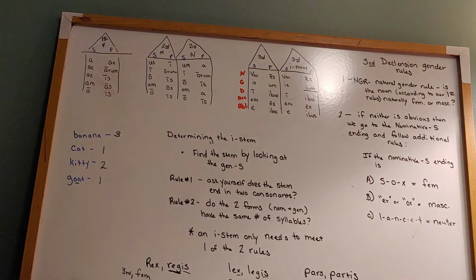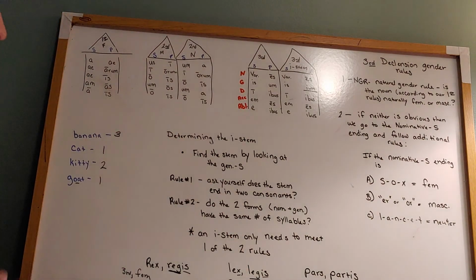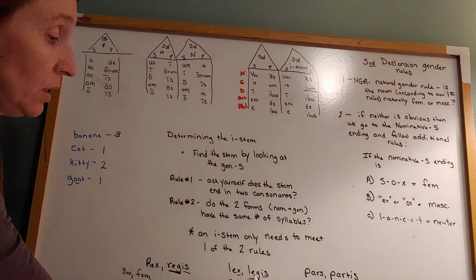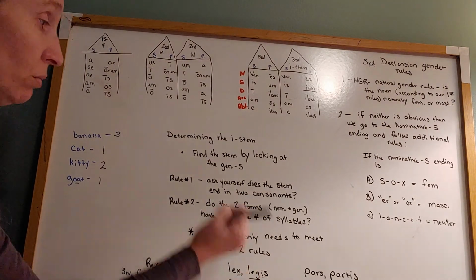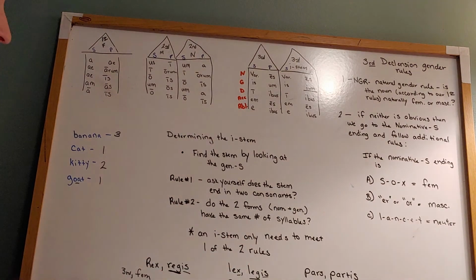Now I need to figure out if it's an I stem. I'm going to go to the genitive singular, which is leg, and I'm going to ask myself, does the stem end in two consonants? It ends in EG, so no. And now, do the two forms together have the same number of syllables? And the answer is no. So it is not an I stem here either.